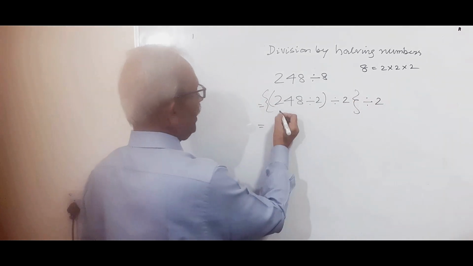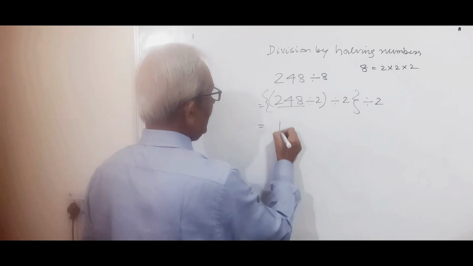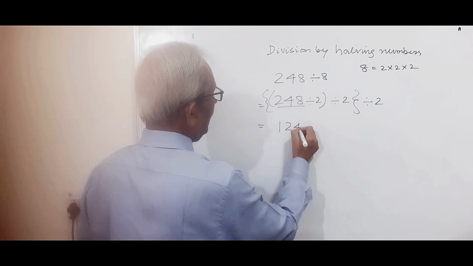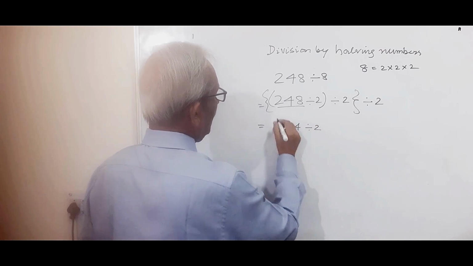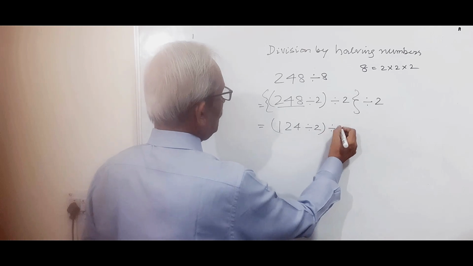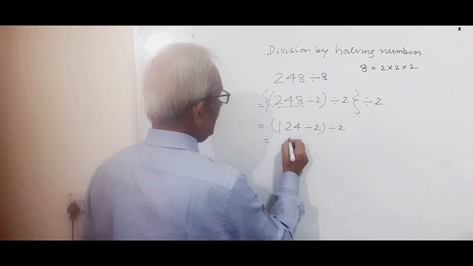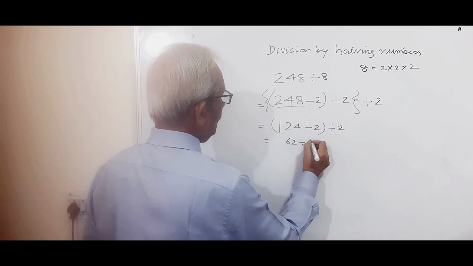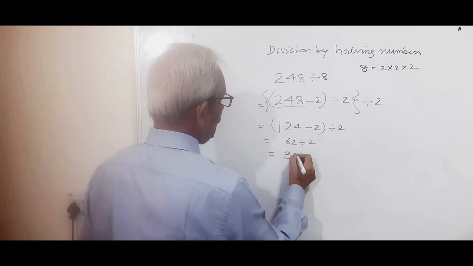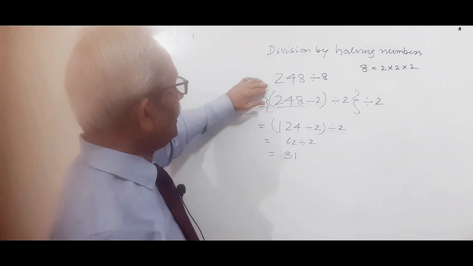So what you're doing, half of 248 is 124, divided by 2, which is equal to 62, divided by 2, which is equal to 31.